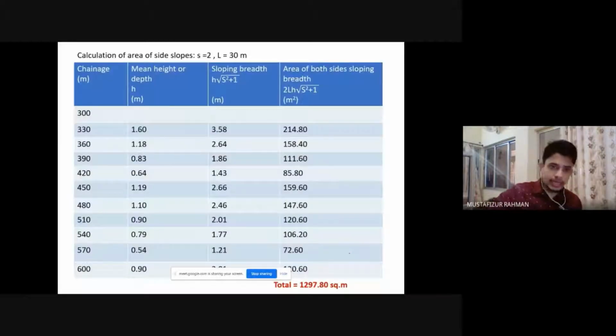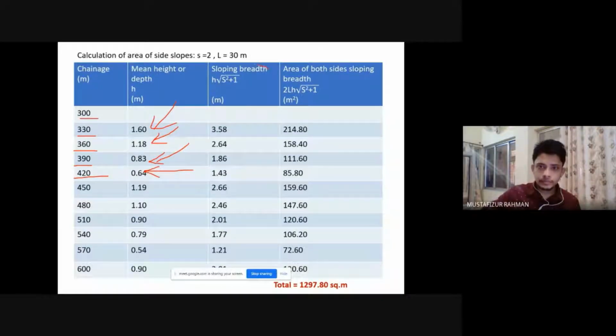Now we made another table at different chainages. At different chainages, what is the mean height? This mean height we have already calculated in the previous table. So that same mean height we are now using here.